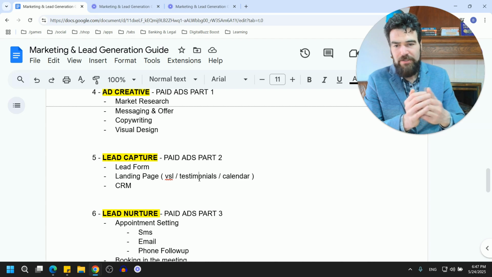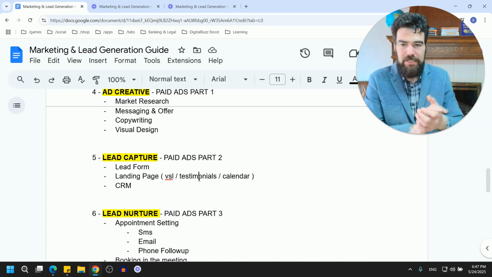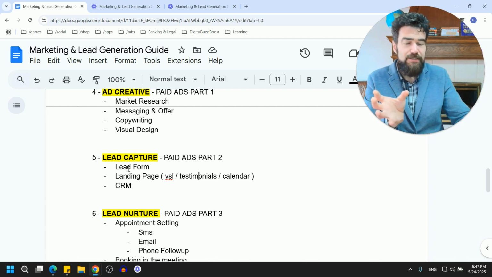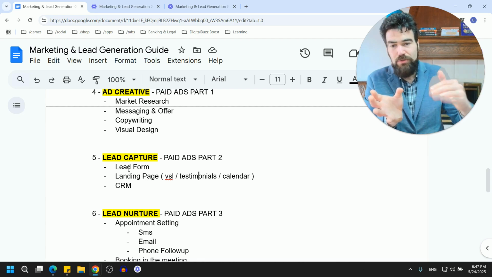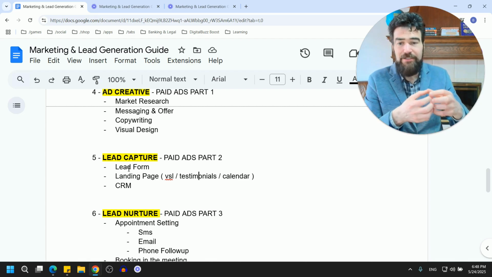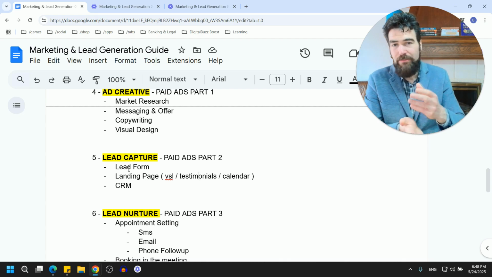So this is a customer relationship management system, and this is just where you can manage and follow your leads. So leads are captured through the advertisements, through the lead form, or they go through the advertisements to the landing page. And then you get either their details or they already book something in on the calendar. And then they go onto your CRM.